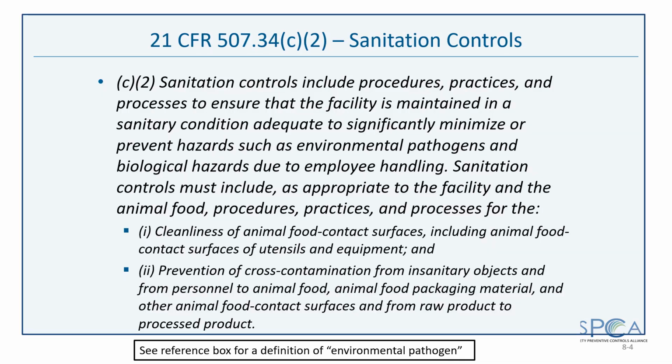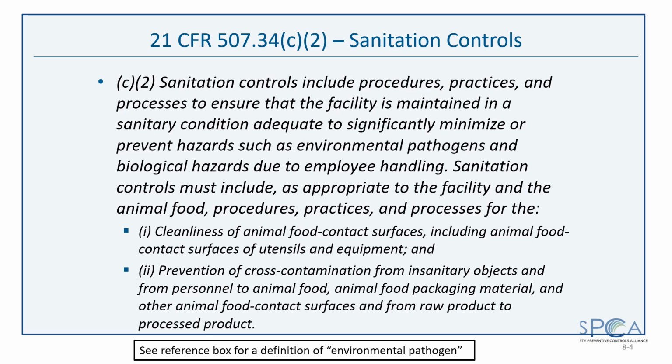Here's the regulation on sanitation controls. This is 507.34(c)(2). Sanitation controls include procedures, practices, and processes to ensure that the facility is maintained in a sanitary condition adequate to significantly minimize or prevent hazards, such as environmental pathogens and biological hazards due to employee handling.